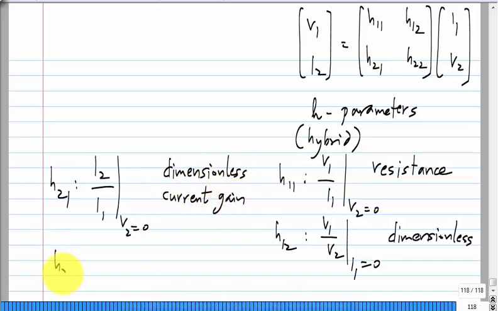And finally, H22, what is it? What is the dimension of H22? It's a conductance. It is I2 by V2 with port 1 open circuited. Okay. This is why it's called the hybrid parameter, because the parameter set contains resistance, conductance and dimensionless numbers.